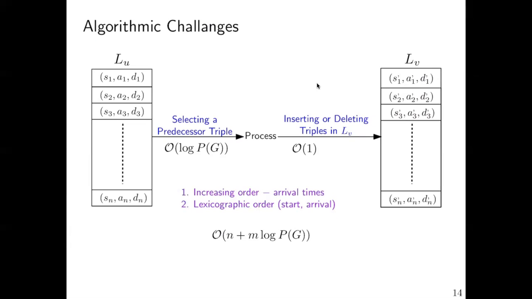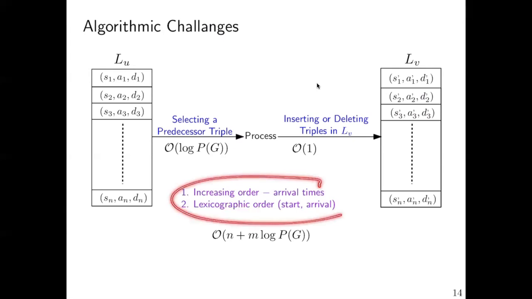As per our second idea, rather than maintaining all these dominating triples in some arbitrary order in the list associated with every vertex, we maintain them in lexicographic order, which means arranging them in increasing order based on their starting time as well as arrival time.